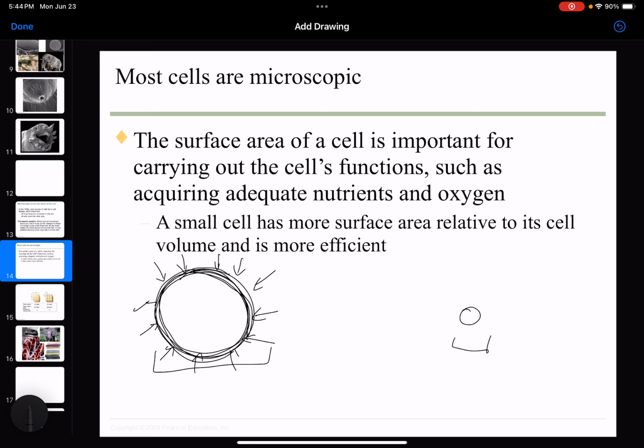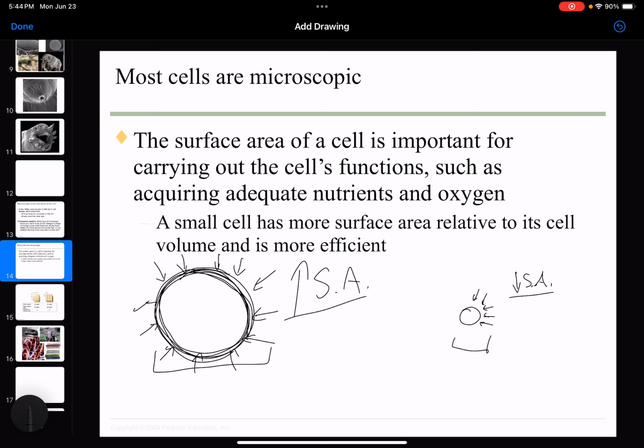Imagine a ball. It's making contact with the environment all around that, right? So it has a very high surface area. And the smaller cell is making contact, but it's got less contact with the environment because it's smaller, so it's got a low surface area. So I'm just drawing arrows to indicate high versus low, right? High surface area, low surface area.